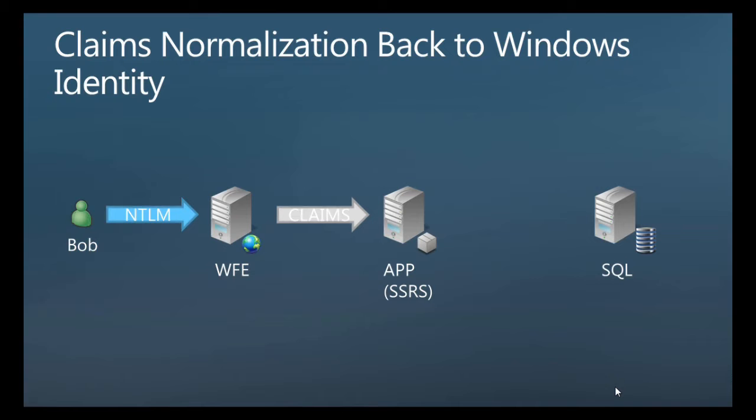But what happens when that reporting services server needs to authenticate to a backend SQL server using Bob's credentials? In SQL Server 2012, we still do not support claims authentication for the relational database engine or reporting services outside of SharePoint integration mode. So how do we convert the claim back into a Windows identity that can be used to authenticate with SQL?